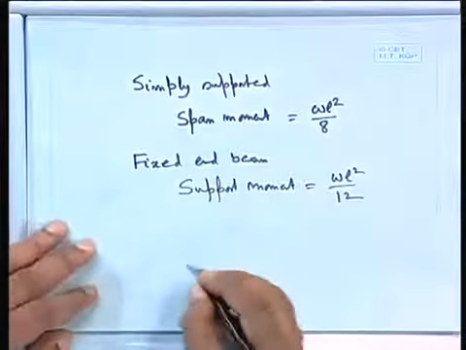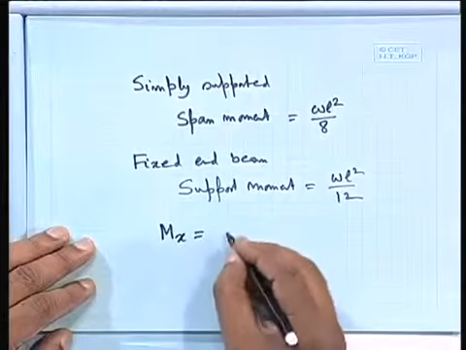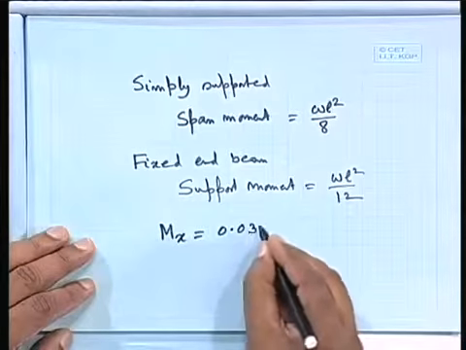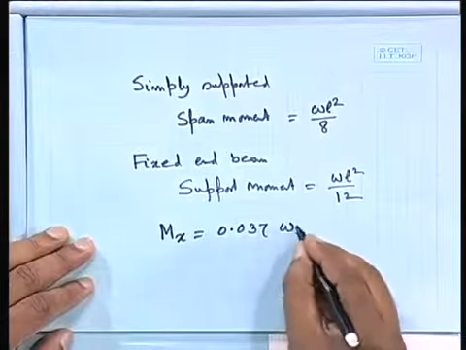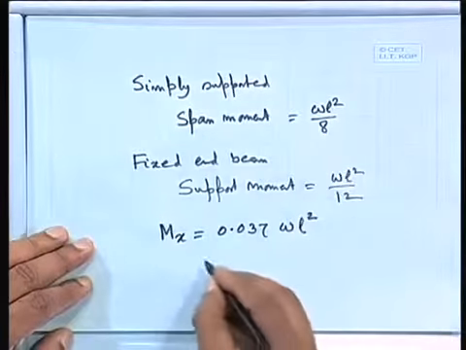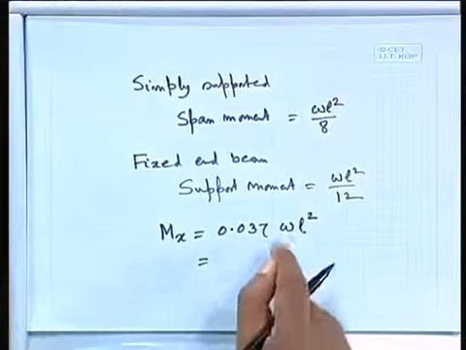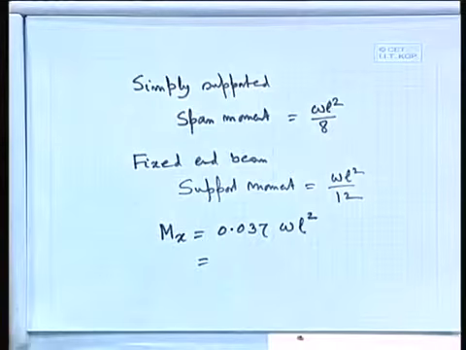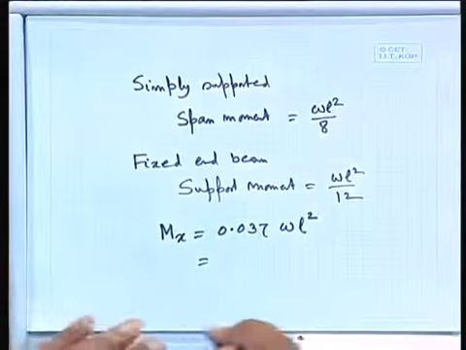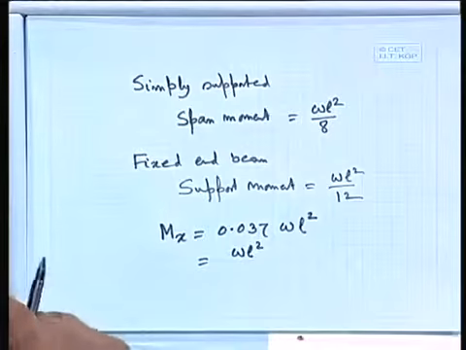Now when you are talking say certain value, say mx equal to 0.037, let us say WL square or Lx or L square. So if we write down that value, we can get this value.